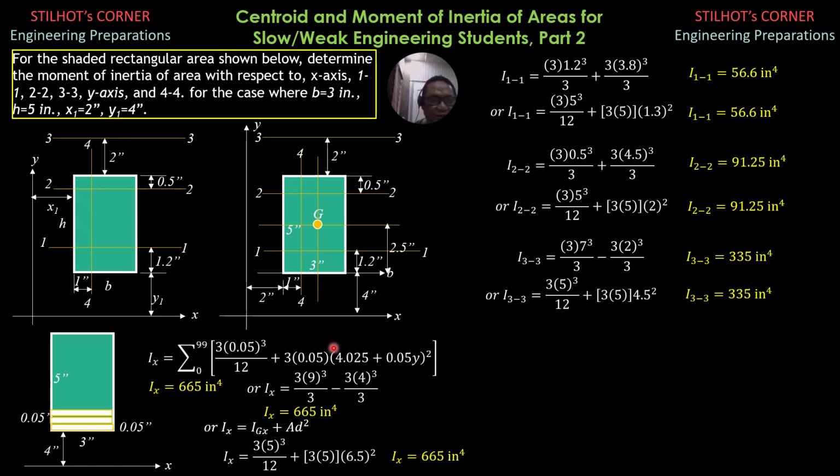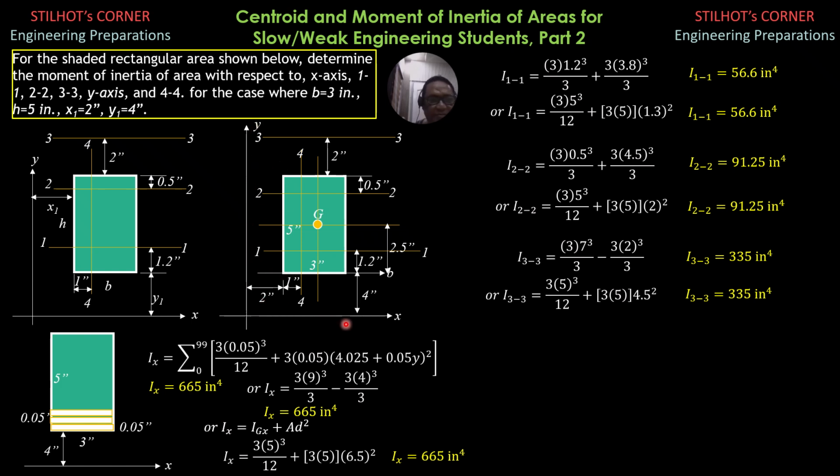Then with respect to the y-axis, this is the y-axis. So we have to imagine two rectangles, one of base 3 plus 2, 5, and this is 5 inches, and we subtract the moment of inertia of this rectangle with respect to the y-axis.